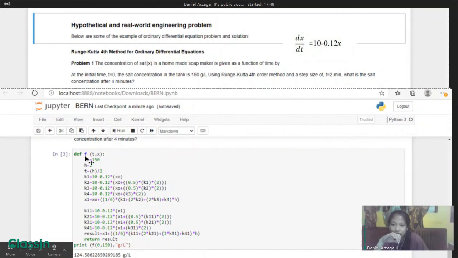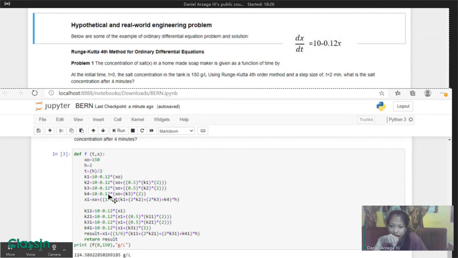Just type def f of t and x. x0 is equal to 150, which is yung value ng gallon mo, h is equal to 2, which is yung t mo, and t is equal to h over 2. So, bali yung gagawin mo lang dito is papalitan mo lang yung value dito. So, K1 is 10 minus 0.12 times x0, K2 is equal to 10 minus 0.12 times x0 plus 0.5 times K1 times 2.